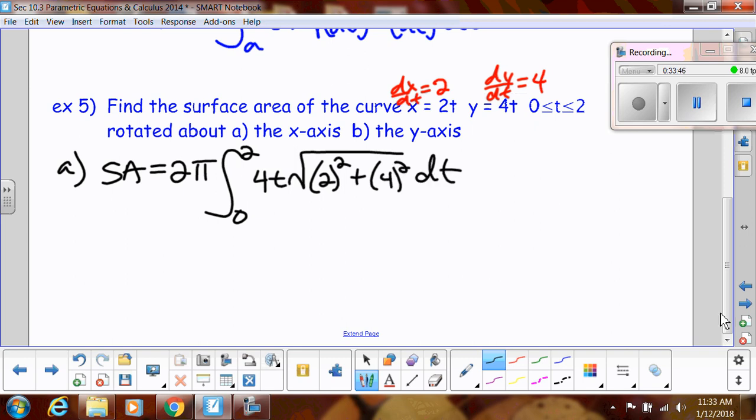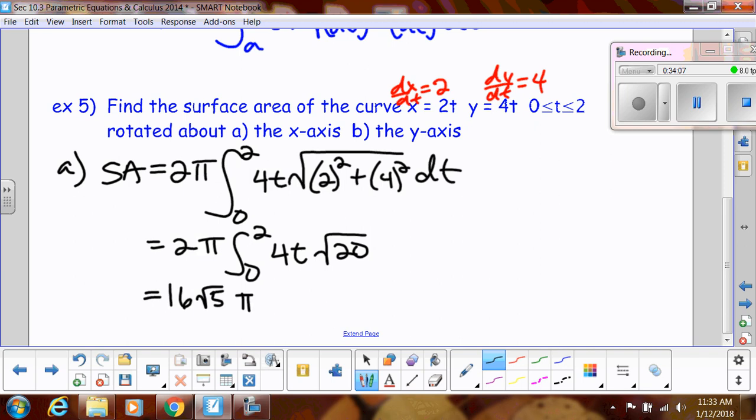And that comes out to be a pretty easy thing to integrate because this is just the square root of 20. So we can take the 4 square root of 20 out, and we can even simplify. The square root of 20 is 2 root 5, so that would be 8 times 2, which is 16 root 5 times pi.